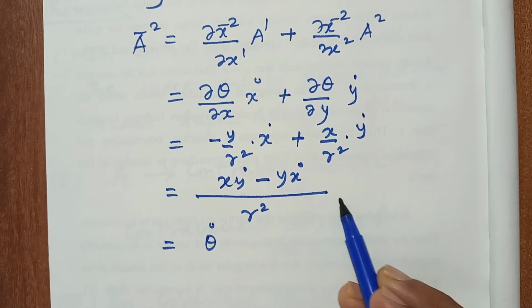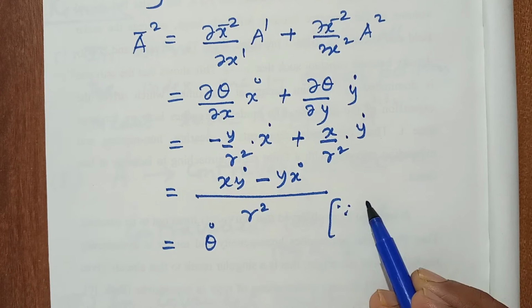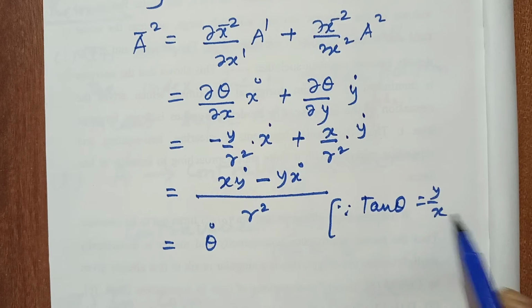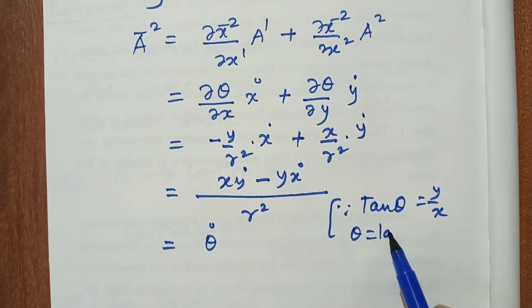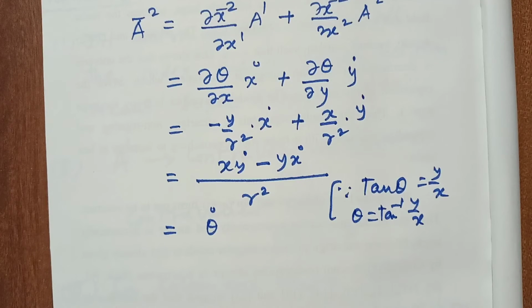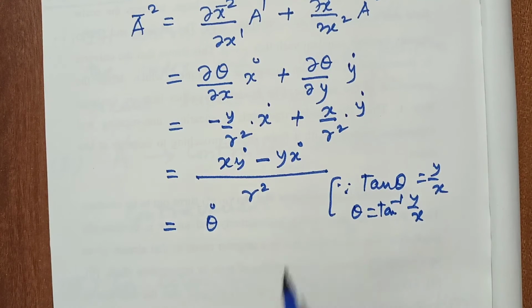Okay, why? Since tan theta is equal to y upon x, or theta is equal to tan inverse y upon x, so we differentiate on both the sides, so we get theta dot is equal to this thing. Okay, so this is the value of theta dot.